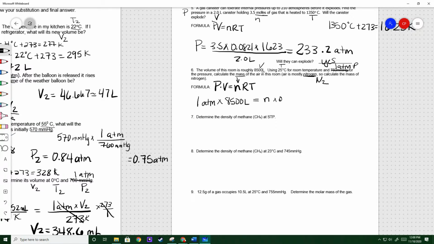My R is 0.0821 liter atmospheres per mole Kelvin, but I'm not going to write all that. And then my temperature I need to convert. My temperature is in degrees Celsius, but I have to convert it to Kelvin. So I add 273 to my 25, and that equals 298.